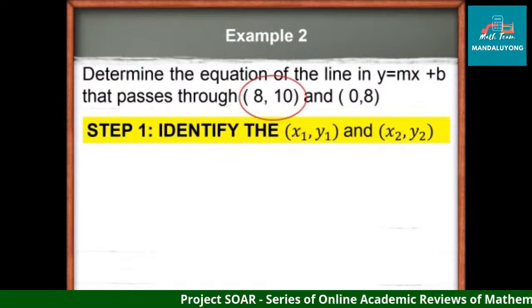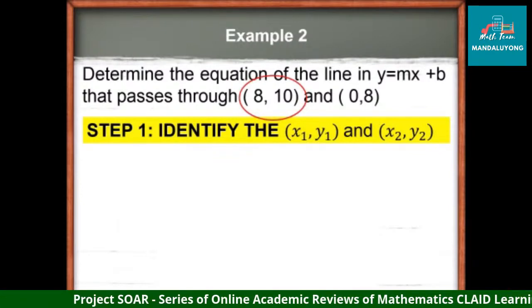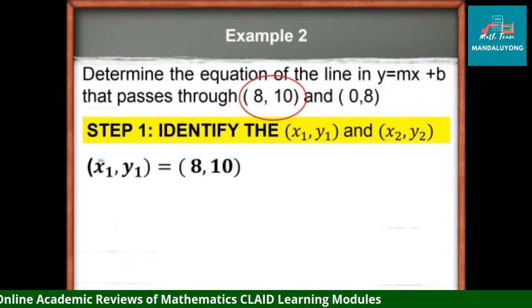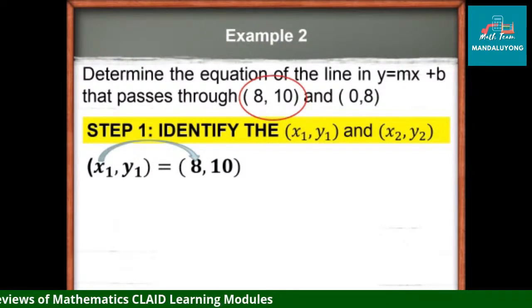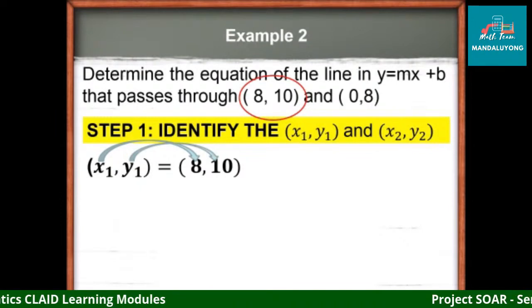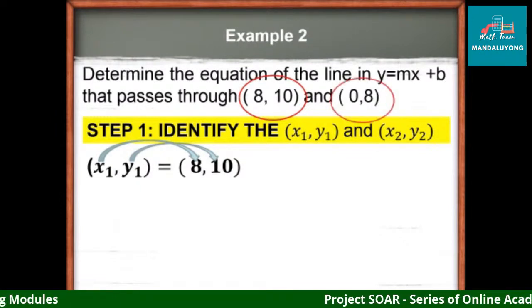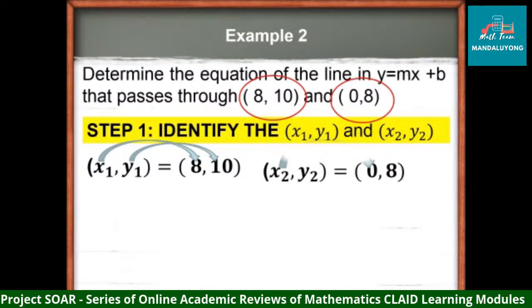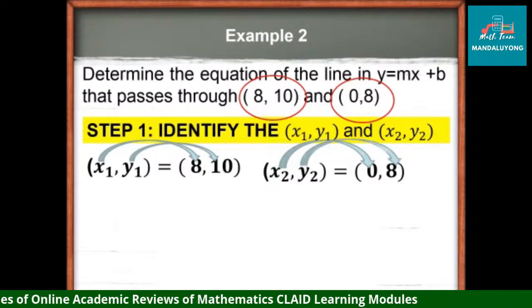We will label (8, 10) as our x sub 1 and y sub 1. Again, our x sub 1 is 8, our y sub 1 is 10. We will label (0, 8) as our x sub 2, y sub 2. Again, our x sub 2 is 0, our y sub 2 is 8.